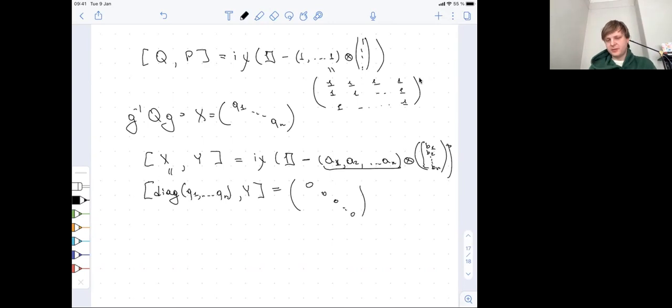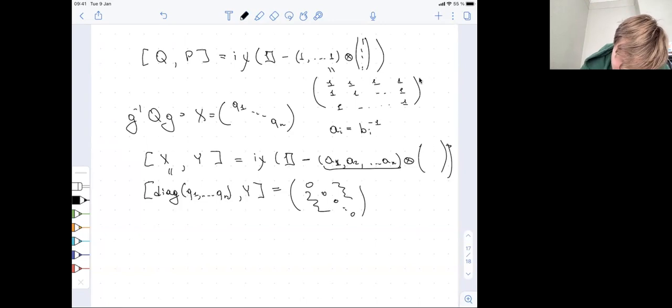It can be checked by hand. What it means is that these elements A and B are not arbitrary, but Ai equals Bi to the power of minus 1, right? So now instead of just B's, we have A1 to the minus 1, A2 to the minus 1, and so on, An to the minus 1.